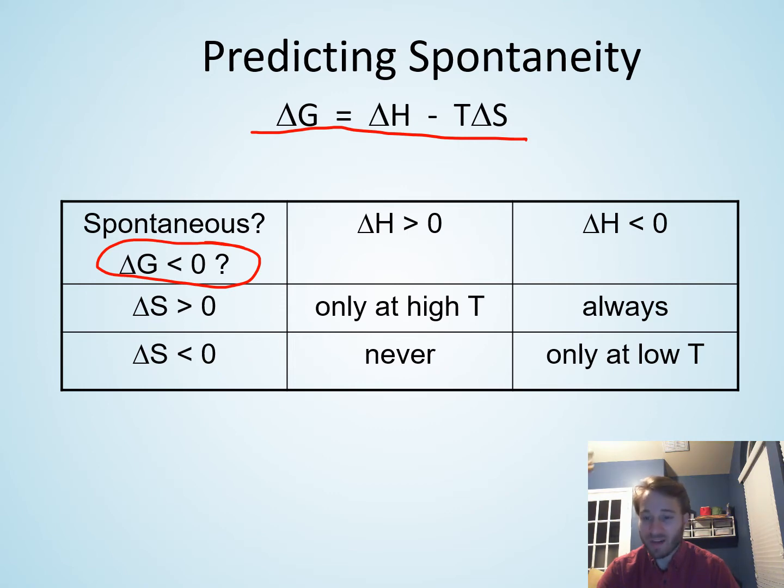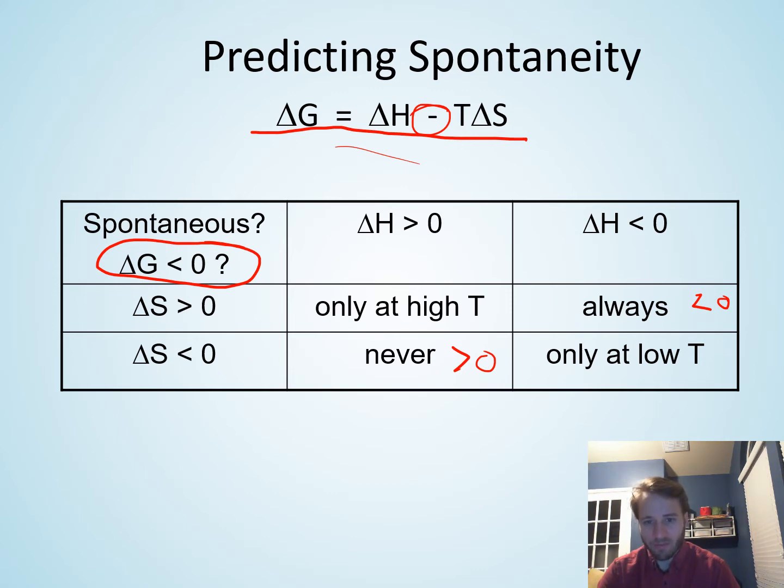Since we subtract delta S, delta S being greater than zero and delta H being less than zero means delta G is always less than zero. Similarly, if delta S is less than zero and delta H is greater than zero, delta G is always greater than zero. It's never going to be less than zero.